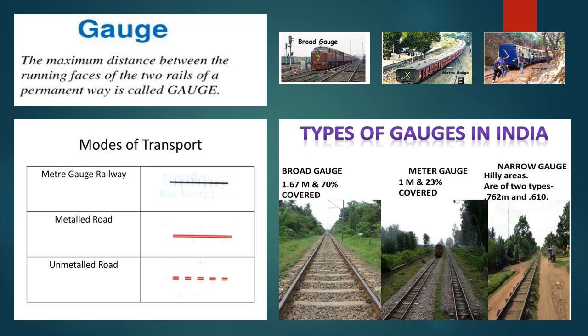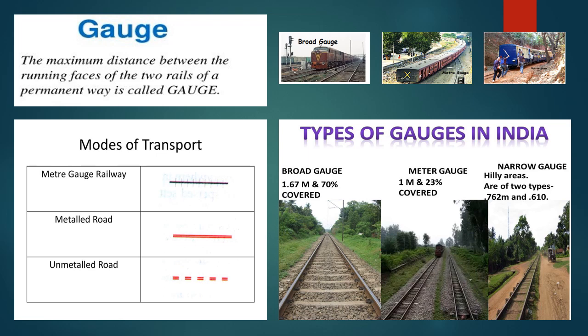So gauge means the maximum distance between the running faces of the two rails of a permanent way, that is known as railway gauge or gauge. Right. Now, this is a very, very important mode of transport. Meter gauge railway, and the sign also is shown in front of that, right? And the metalled road, that is tarred road, and unmetalled road.